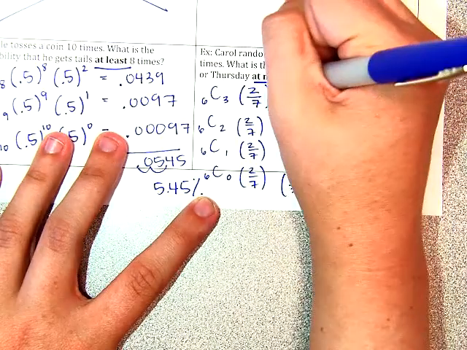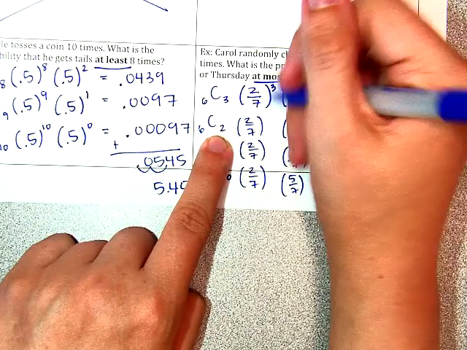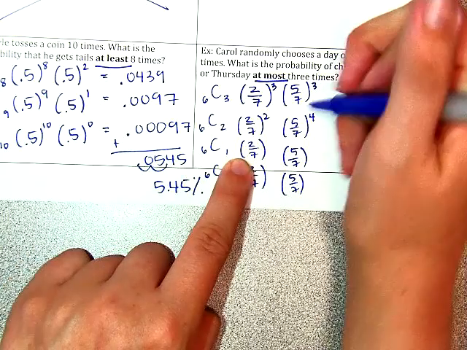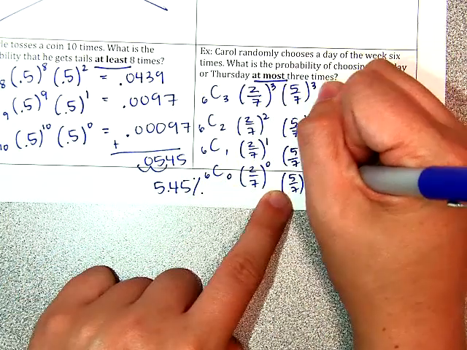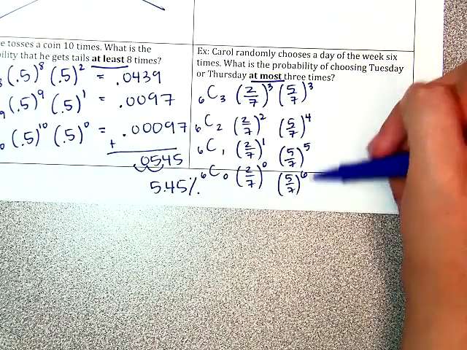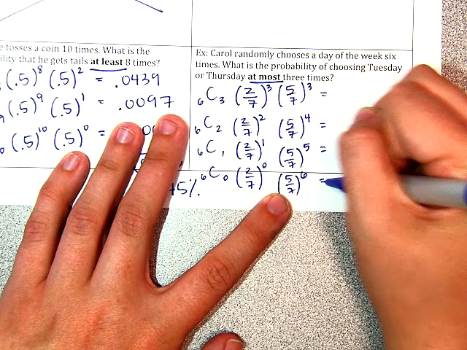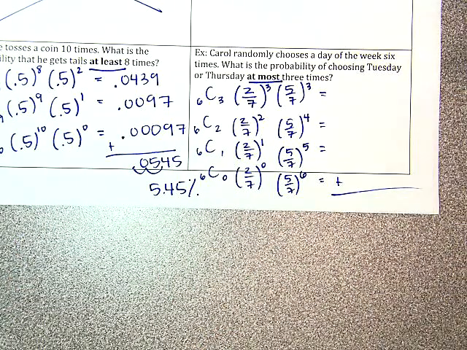For my first one, I want 3 successes. 6 total means also 3 failures. Second one, 2 successes means 4 failures. Third one, 1 success means 5 failures. 0 successes, 6 failures. Then you go to your calculator, plug these all in, get a decimal, add them all together. That's it for today.